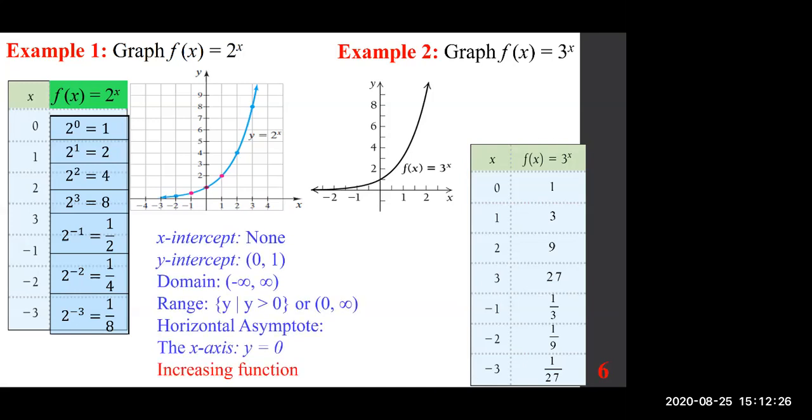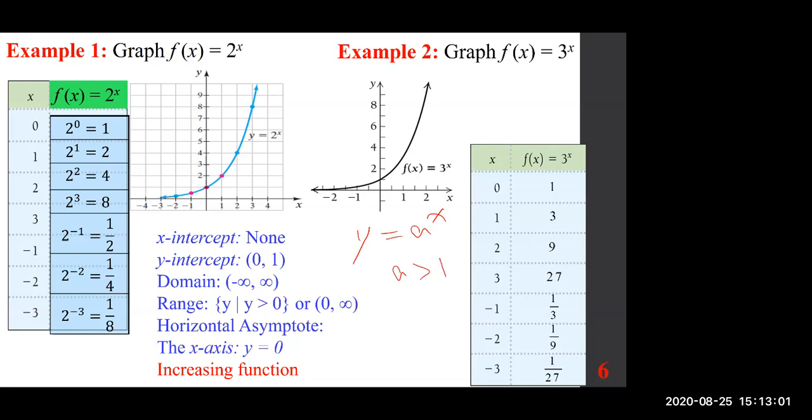And what you see here, it works for all of them. The intercepts, the domain and range, the asymptotes. There is no vertical asymptote. There is a horizontal asymptote. This thing works for any function of the form y equals a to the power of x, where a is larger than 1.